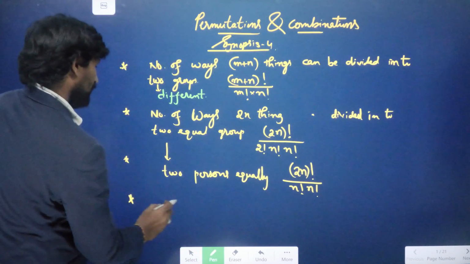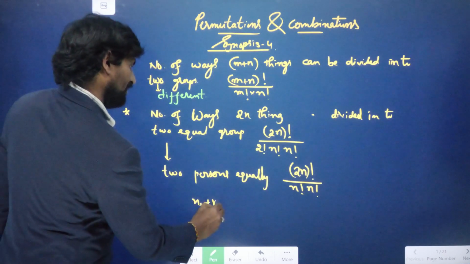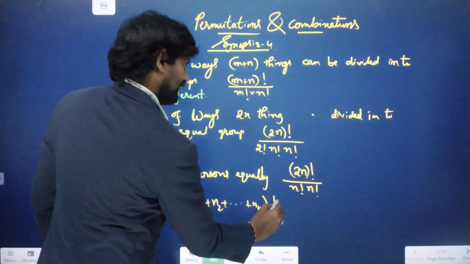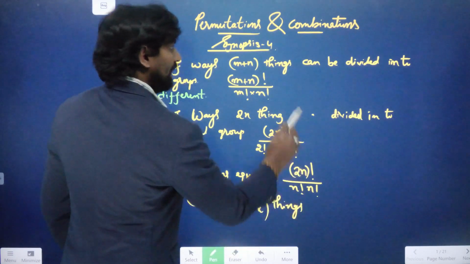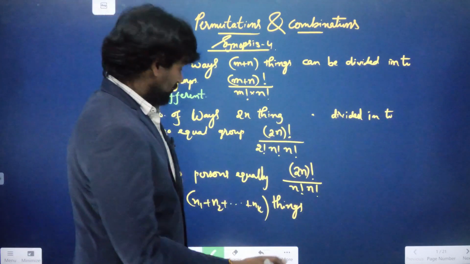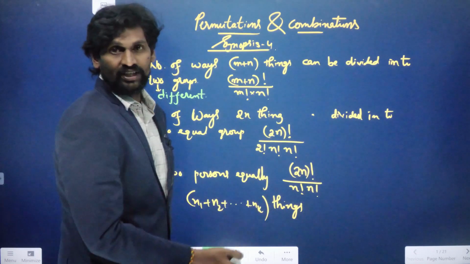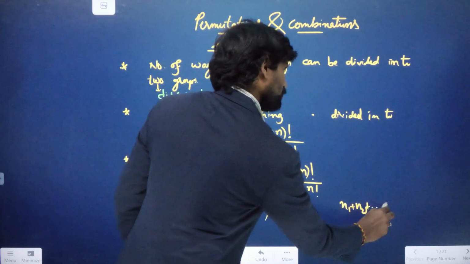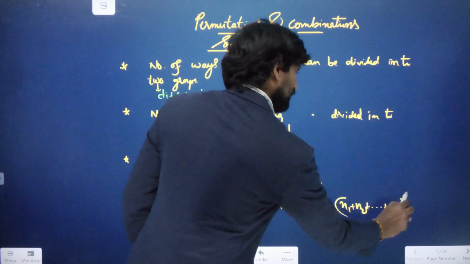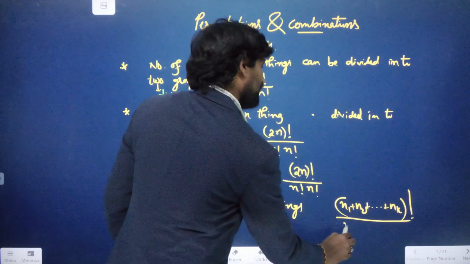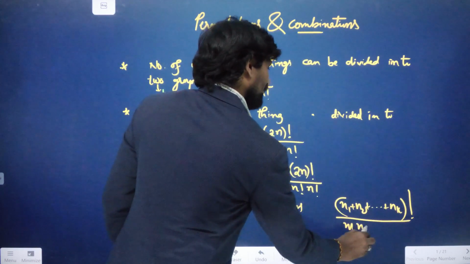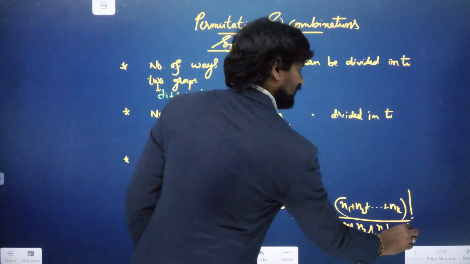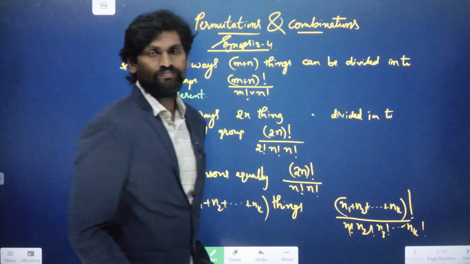Same way, if you are taking n1, n2 and so on nk, that is, things divided into k groups, that means 1, 2, 3 up to k terms, that is (n1 plus n2 and so on plus nk) factorial by n1 factorial into n2 factorial into n3 factorial and so on nk factorial.